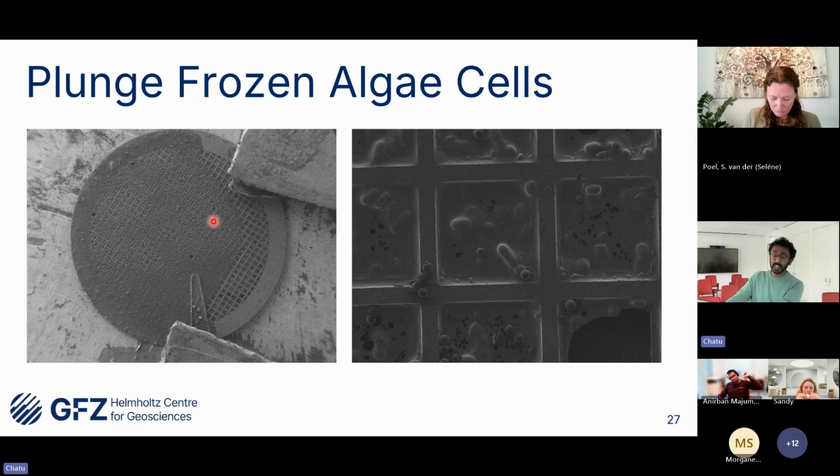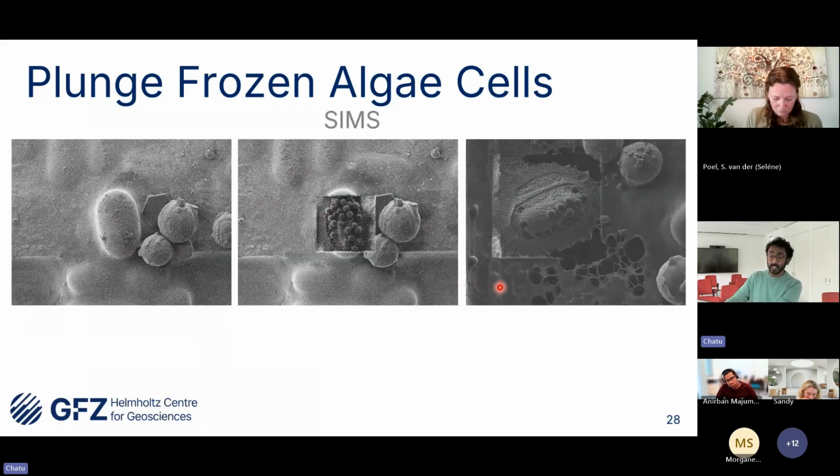So here you can see the entire vitrified sample with these cross sections in the TEM grid. And then an individual grid has multiple cells, and we want to target a single cell and see what we can see from there. On the left-hand side, we have picked one single algal cell, which is about 10 microns here. And then we try to mill the cell from top to bottom so that we can see how these are being organized.